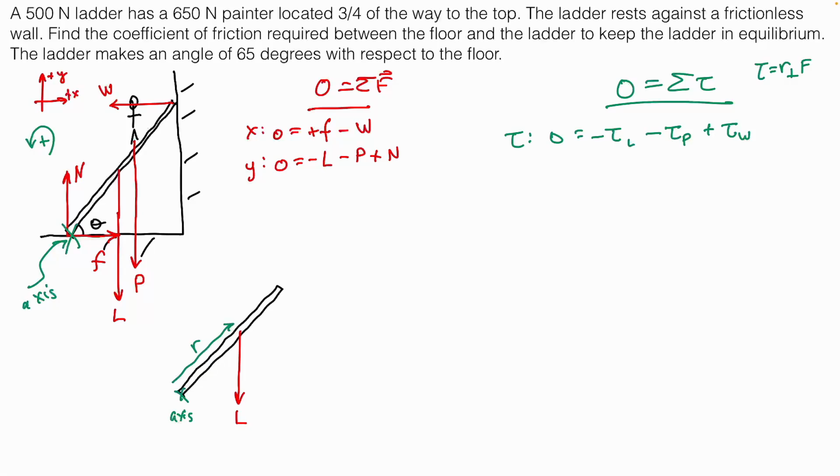But there's my distance, going from the point where I've defined my axis to where the force is acting. Is that R and that force L perpendicular to each other? No. We can't write down a torque unless we need the two things at 90 degrees to each other.